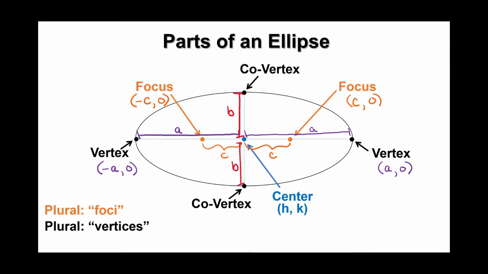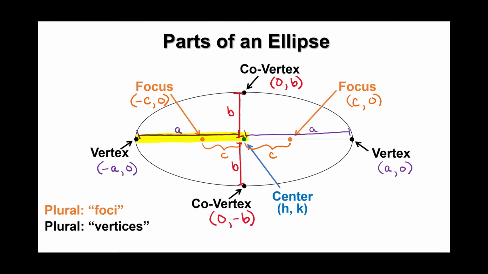The distance from the center to the focus is c. From the center to the vertex is a, and from the center to the covertex is b. So now I like to write these ordered pairs here, (0, -b). Those really aren't necessary when you're labeling, but it's just kind of nice when, okay, I'm going up, that's (0, b). I'm going down, that's (0, -b).